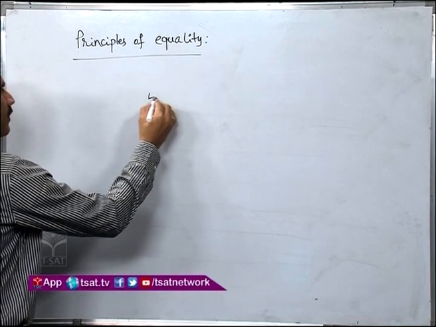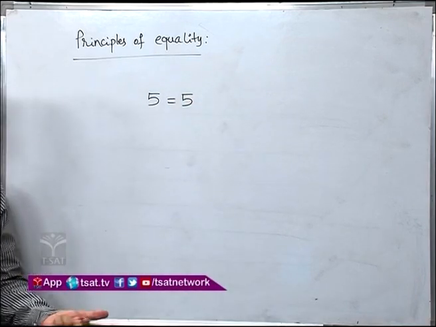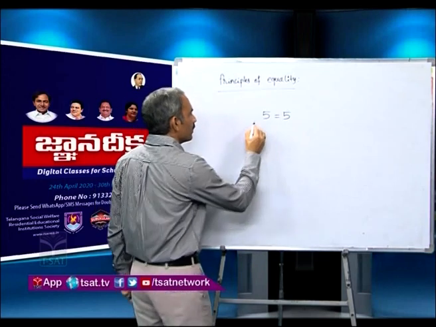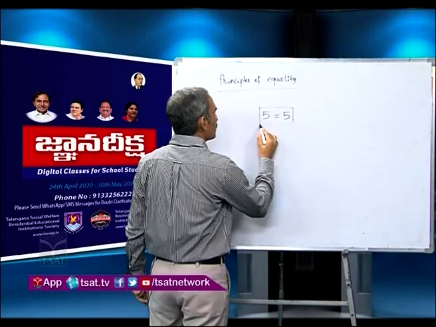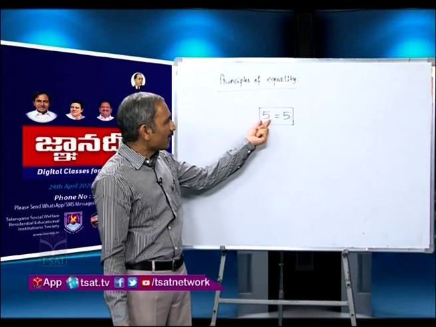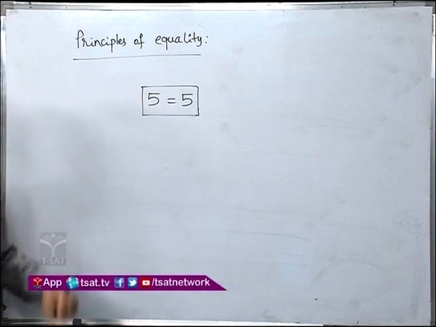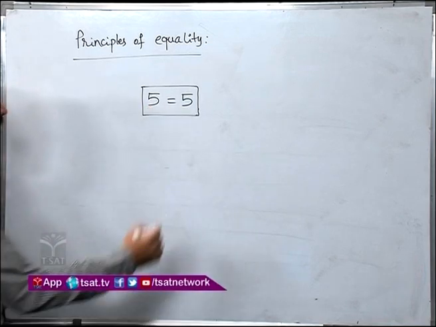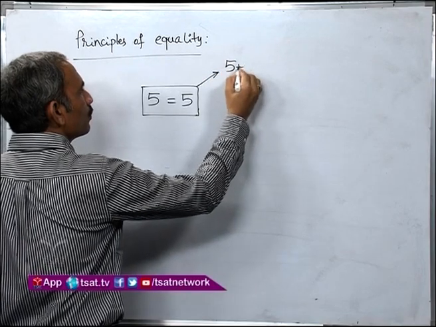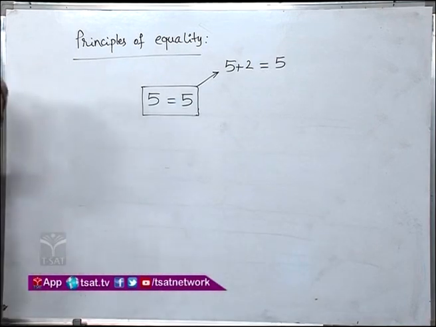Let us take 5 is equal to 5. Am I right? Every number is equal to itself. Okay, right. Now, this is the basic statement. Now, what happens if I add 2 to the LHS? This is LHS, this is RHS. Now, what I am doing? I am adding 2 to LHS. Then does it remain the same 5?